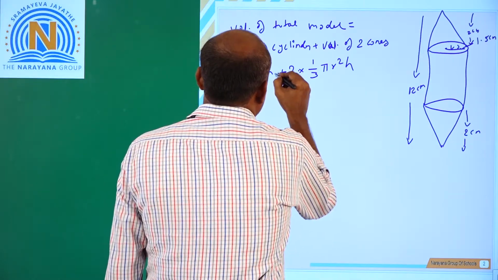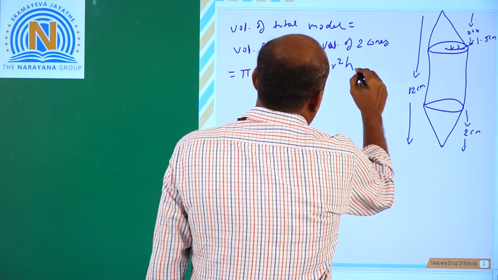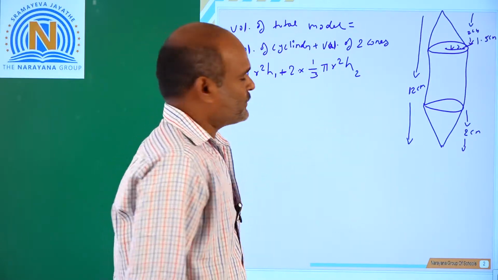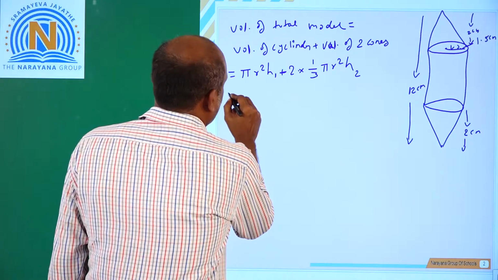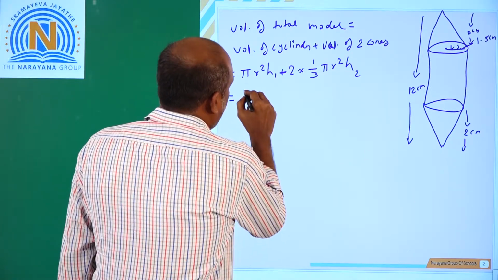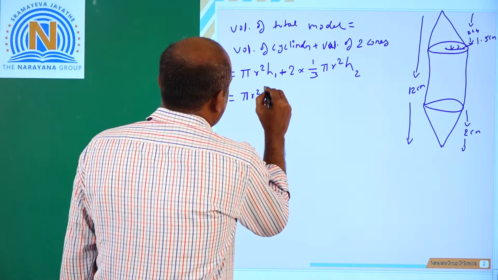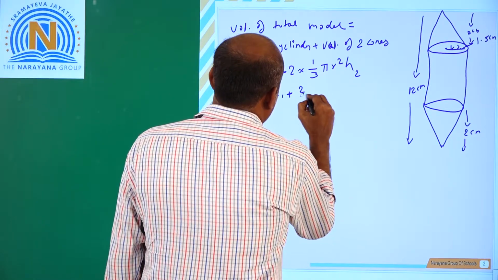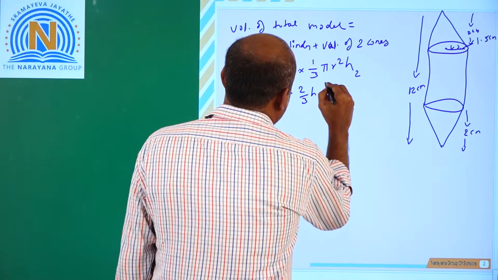Here the height of the cylinder I will take as h1 and the height of the cones as h2. So that is equal to pi r square common, h1 plus 2/3 into h2.